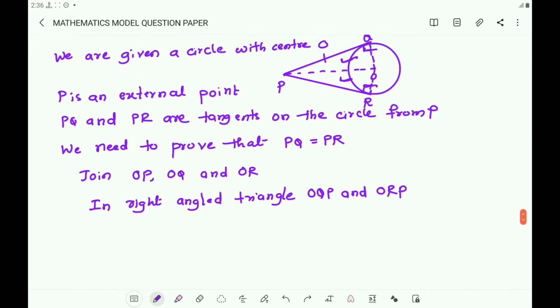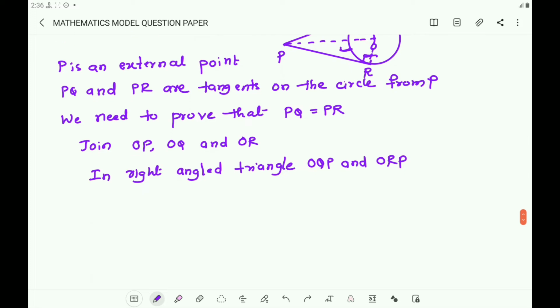So you write OQ equals OR. What is the reason? Radii of the same circle.